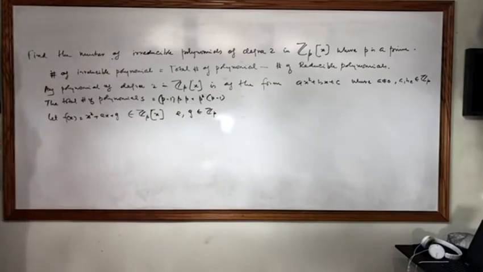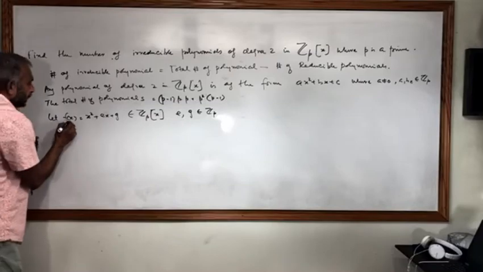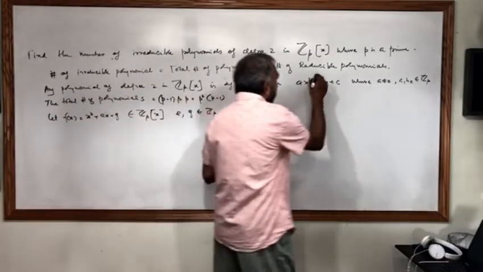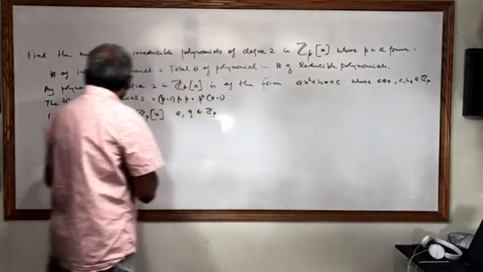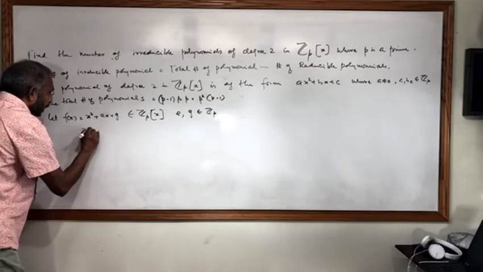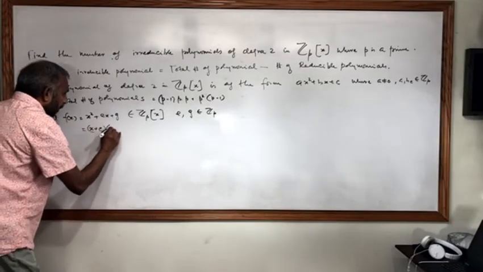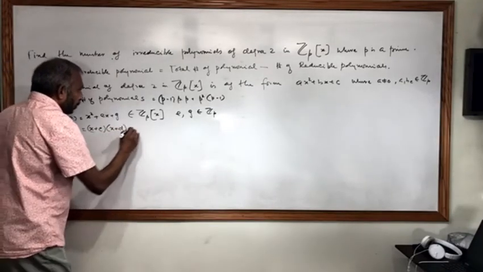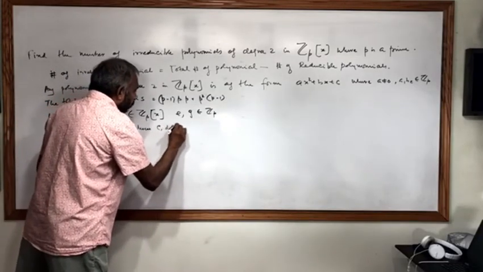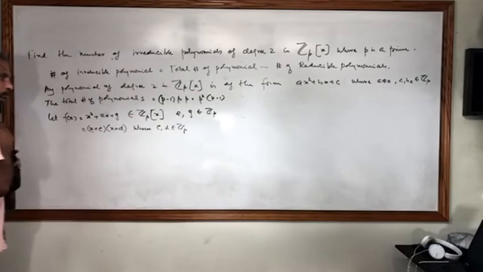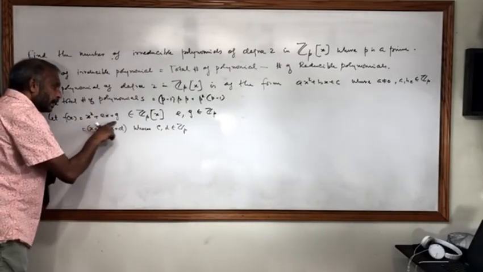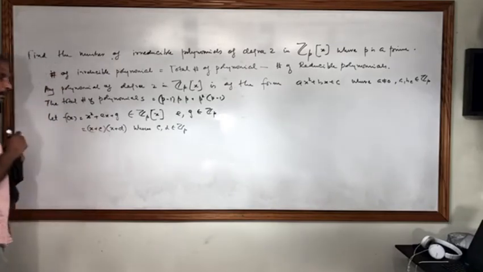If we want to find out the number of reducible polynomials, it should be written as (x plus c) times (x plus d), where c, d belong to Zp. Then only this is going to be a reducible polynomial.